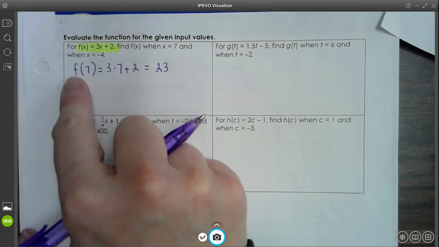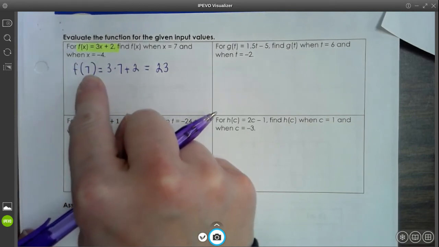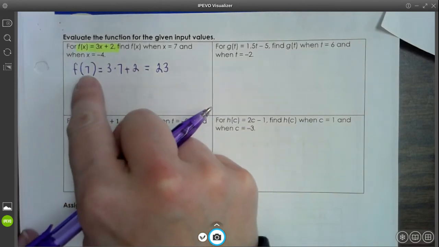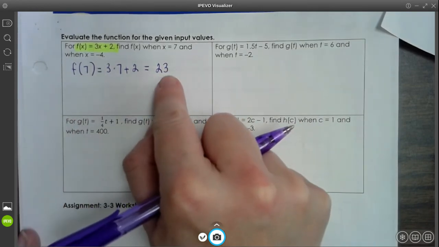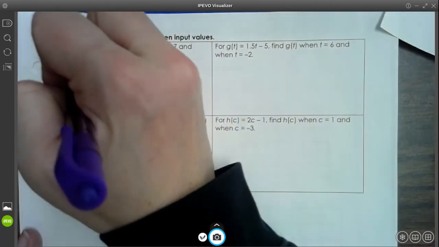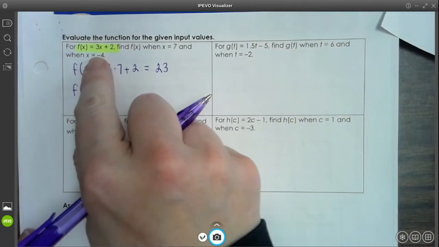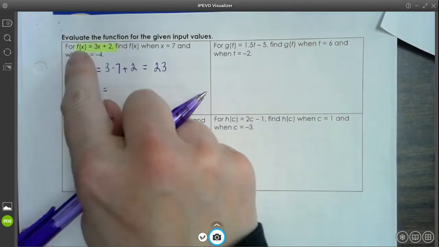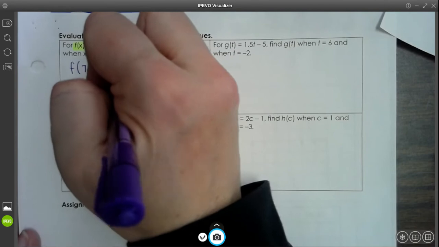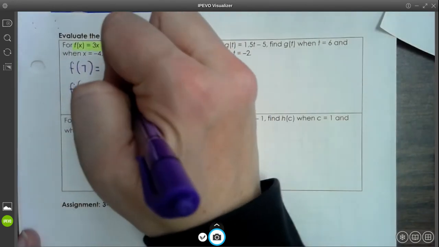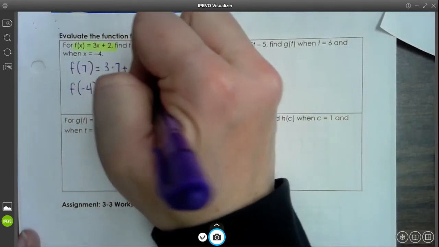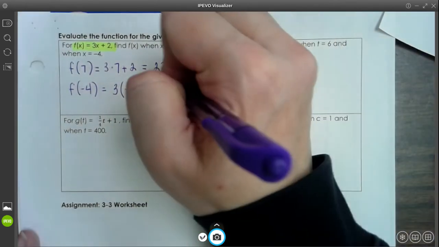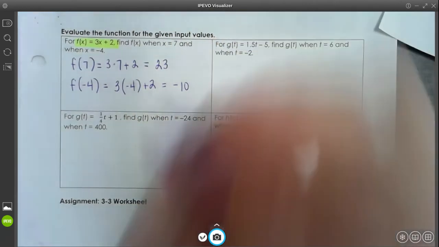So it's just saying when I take the function and I replace 7 for the x value, this is what I get out of it. So again, it's like thinking 7 is the input, 23 is the output. Okay, so f of, now that we also have to do -4. So I'm going to go back to this original equation, and I'm going to take 3 times the -4 and then add 2. 3 times -4 is a -12, and -12 plus 2 is -10.